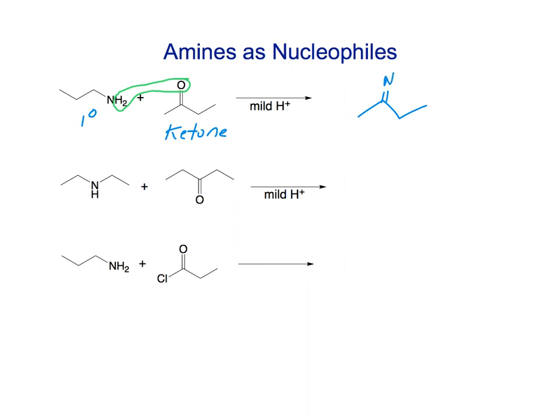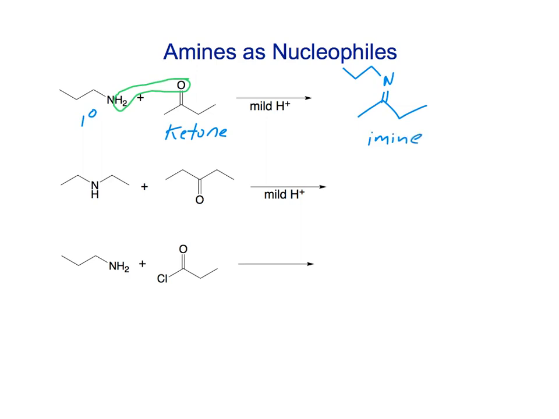We're going to put the nitrogen there, and then we add the alkyl group, like this. Okay, so it's going to be the neutral product, and so there's not going to be an extra H on there or anything. Of course, for this, what kind of a functional group is this called? An imine.